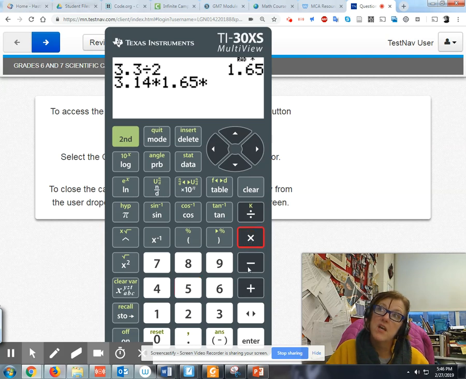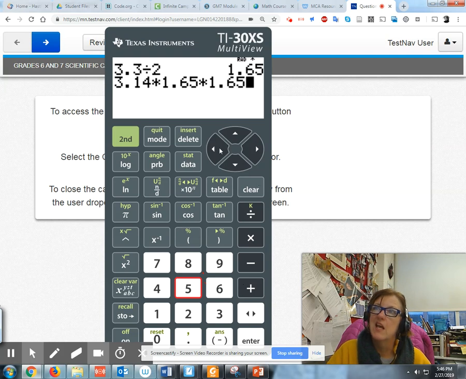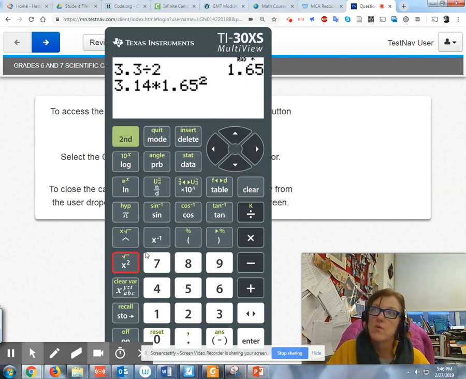Now, you could type times 1.65 again. You can certainly do that. Some people might notice that since it's 1.65 squared, you could actually just hit the x squared button for the radius part and then hit enter.